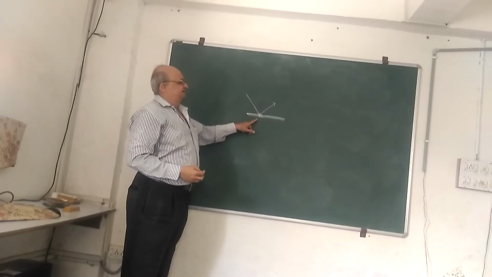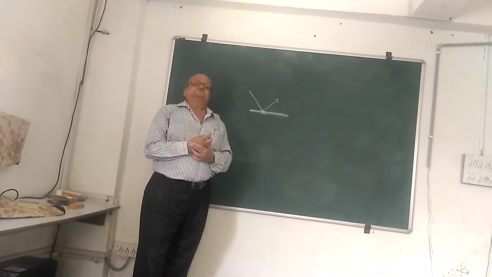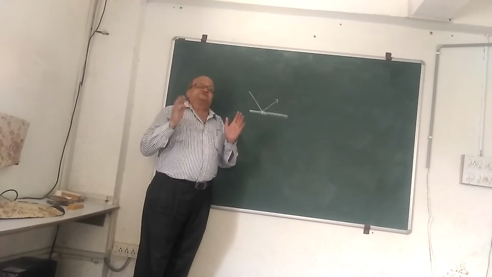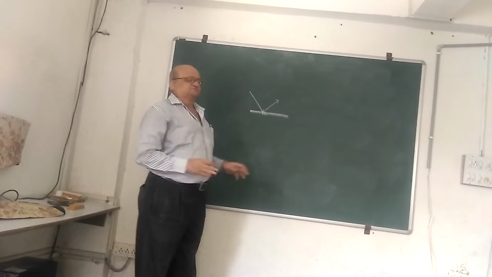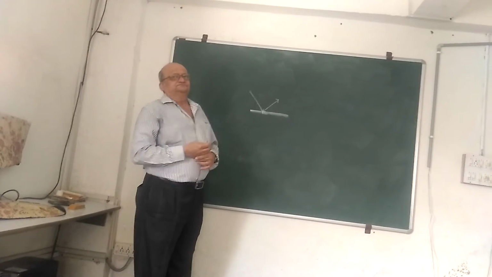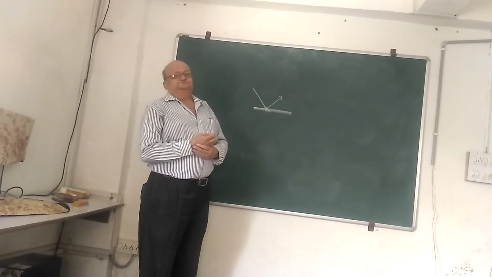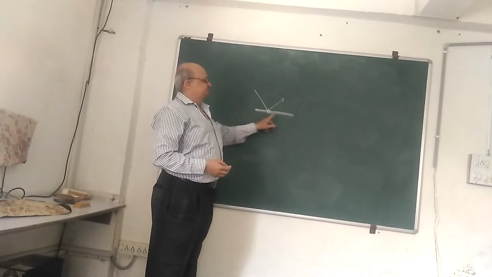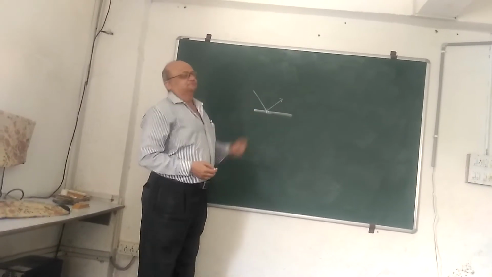Suppose the white light is incident on this surface. Out of the 7 colors of the white light, if this surface absorbs 6 of them, then the remaining light will be of the 7th color. And we can see this object as the 7th colored object.